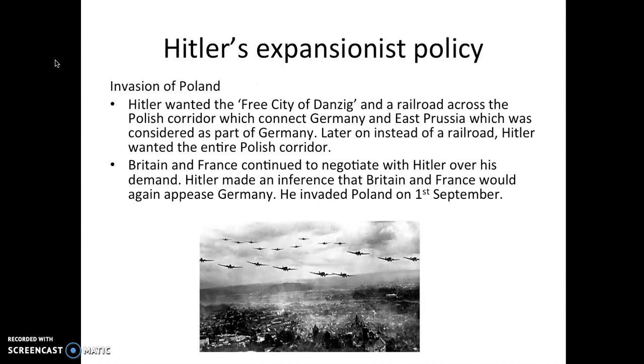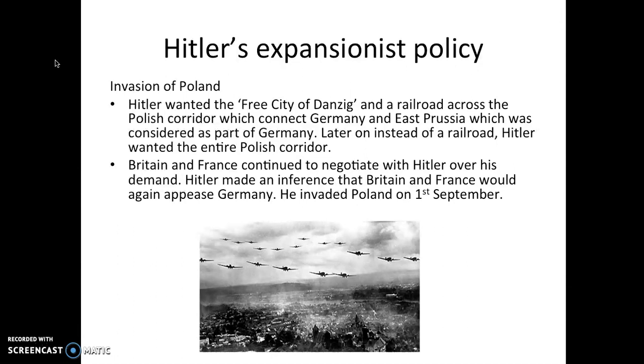Now, Hitler would want the free city of Danzig, alright, and a railroad across the Polish corridor, which connects Germany and East Prussia, which was considered as part of Germany. Later on, however, Hitler wanted to control the entire Polish corridor, which is in Poland. Right?